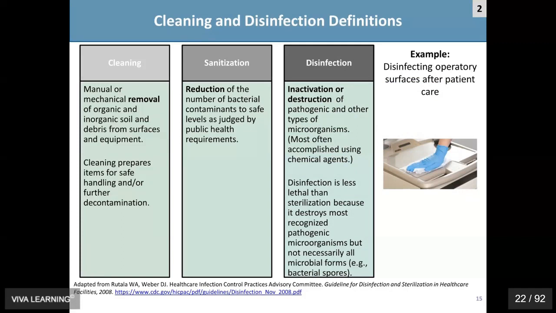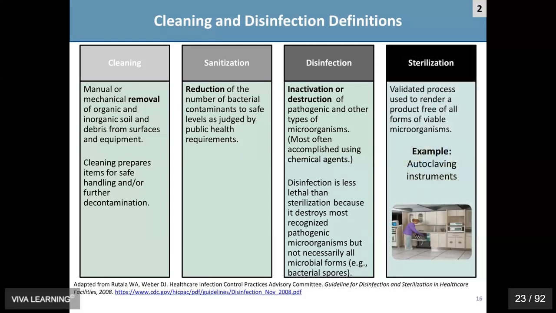And of course, disinfection, now we're up at a higher level. We're talking about inactivation of most pathogenic types of organisms using a chemical agent, like a spray, a wipe. And disinfection, of course, is less lethal than sterilization because it kills most pathogenic organisms, not necessarily all of them. For example, bacteria that form spores.